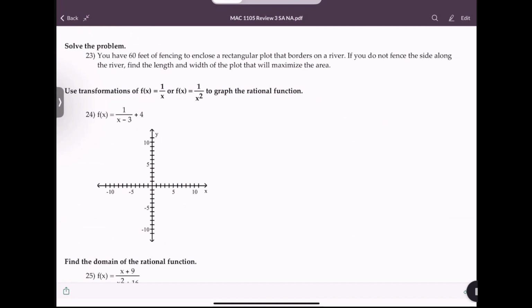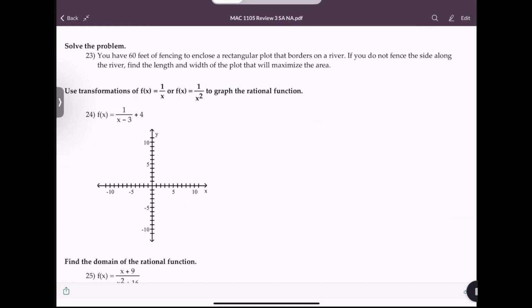So now here's my next question. We're trying to maximize area. What's area for a rectangular plot? Length times width. Write that down. It doesn't matter, it's still length times width, because L times W and W times L are the same thing. So now, I'm maximizing area, so I have to keep the area formula.